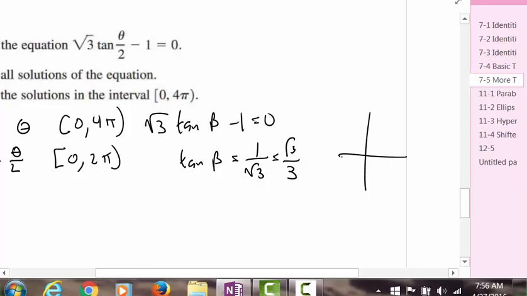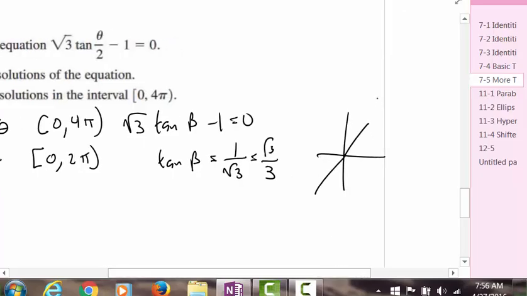where is tangent positive? First and third. Okay, so I'm looking for the angle that when I do sine over cosine, I end up getting a 1/2 there and a square root 3 over 2 there. So when I take sine divided by cosine, I get 1 over square root 3. Hey, which angle is this? Pi 6th.